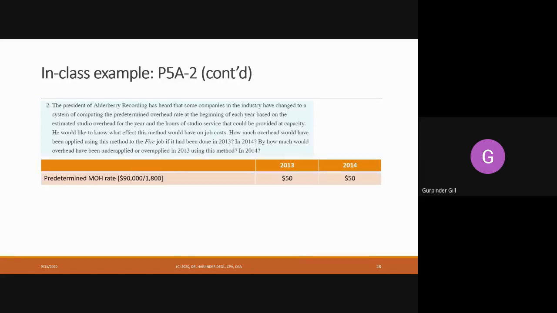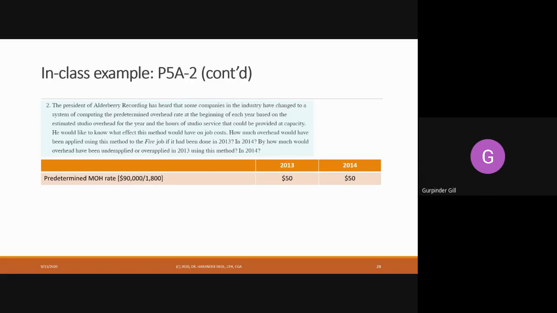So in this case, we are changing our basis. Instead of the service hours, we are now looking at the full capacity. So the estimated manufacturing overhead is $90,000, but the total capacity for the facility is 1,800 hours.